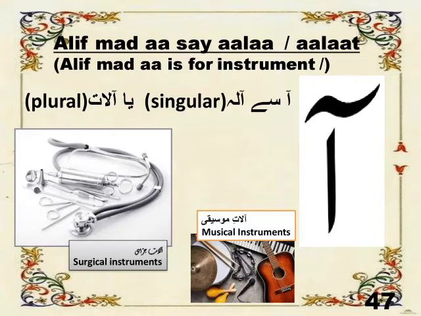If it is a singular instrument, we call it ala. And if it is plural, we call it alat. If they are musical instruments, we call it alate mausiqi. And if they are surgical instruments, we call it alate jarrahi.